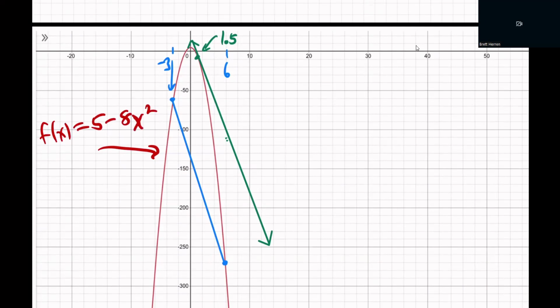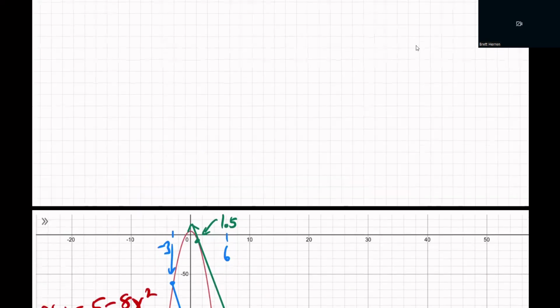Here's the point at negative 3 and here's positive 6. The slope that goes from there to there is minus 24. That's the blue line. We'll get to what the green line is in a minute.